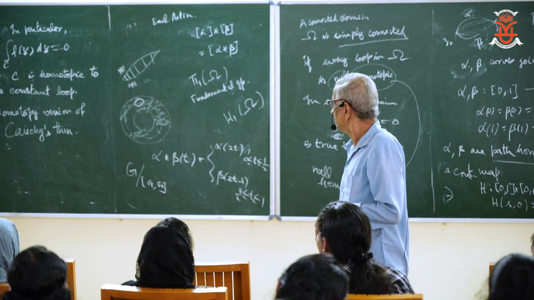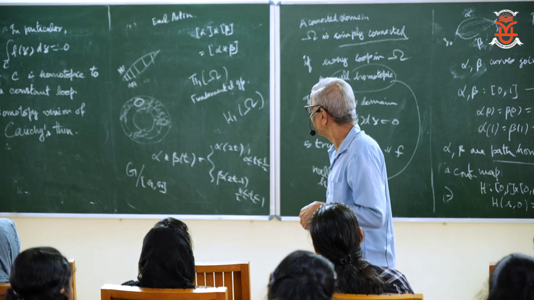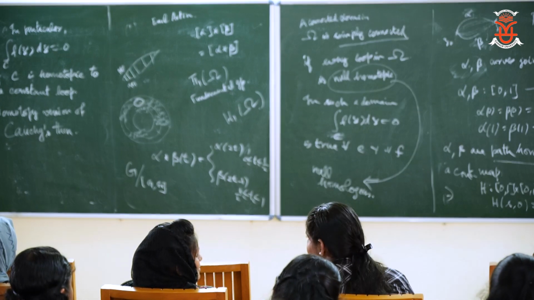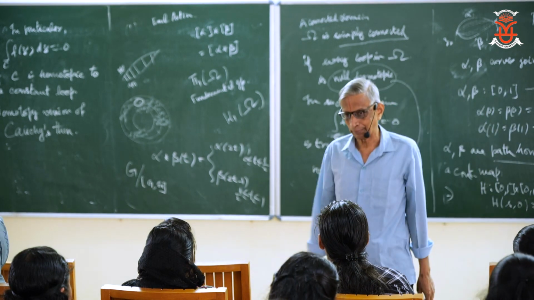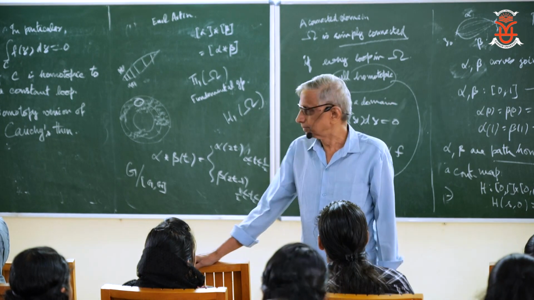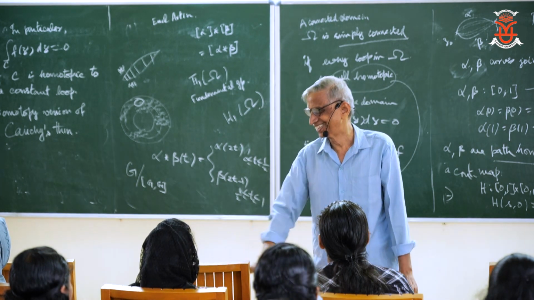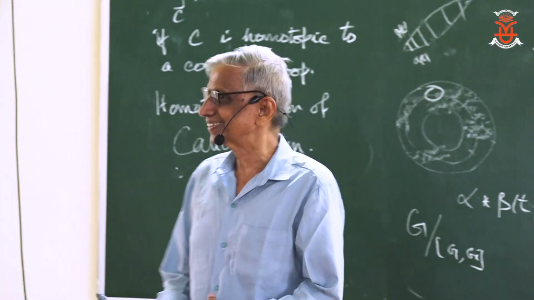He was a student of Hilbert at Göttingen. So the homology version, according to Ahlfors, is due to Artin. There are, of course, lots of other things which I have not mentioned at all, for obvious reasons.